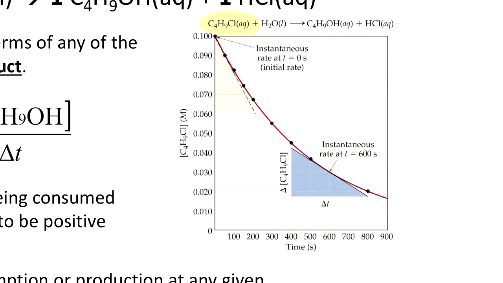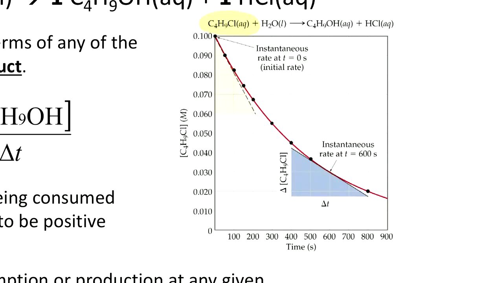If we consume reactants, the concentration decreases with time. But is the concentration decreasing with time at a constant rate? No, it's not. It looks like the reaction is slowing down.